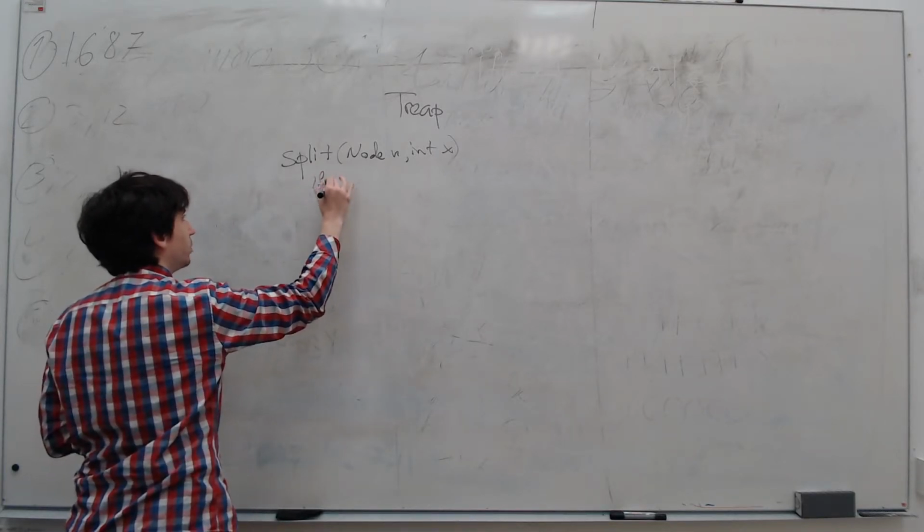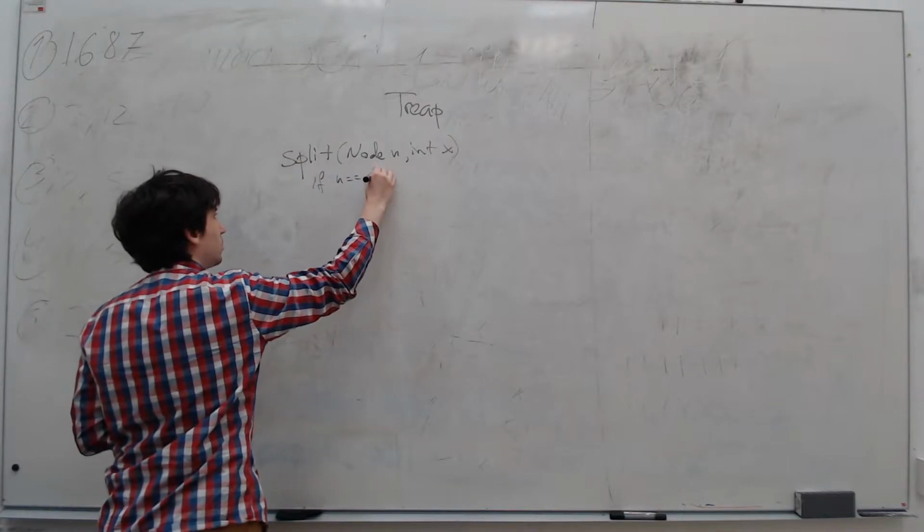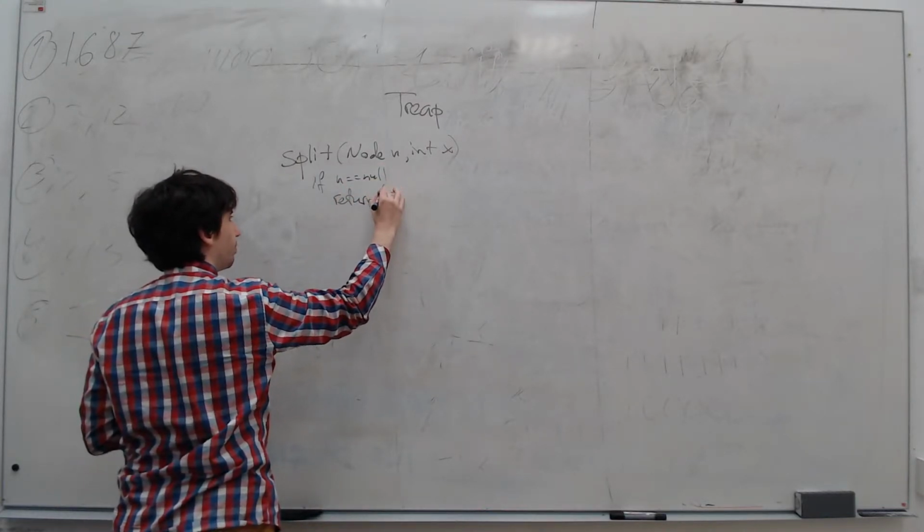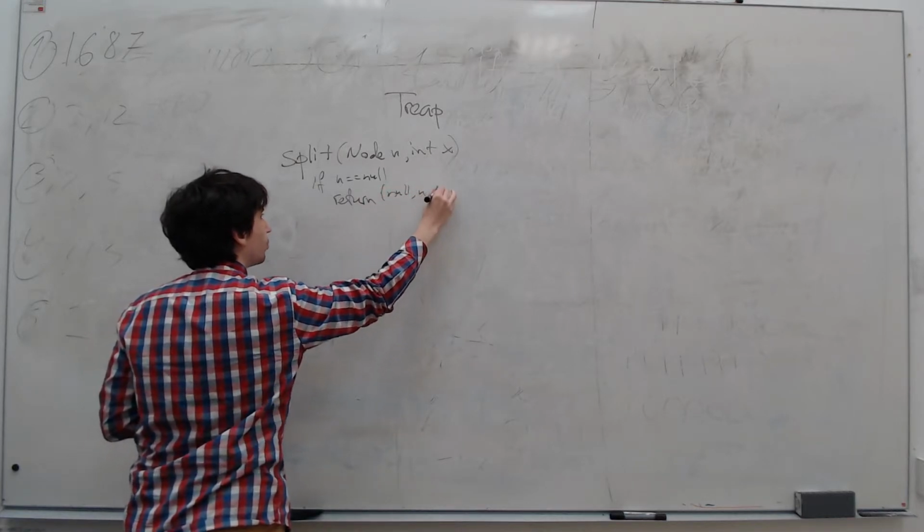So if n is null, then we do nothing. We return a pair of two nulls.